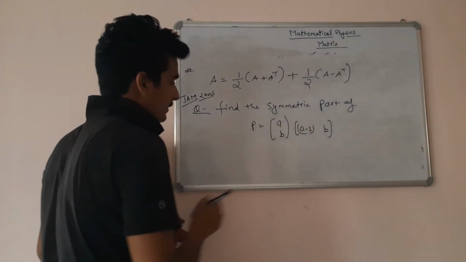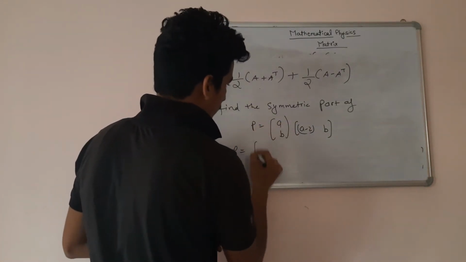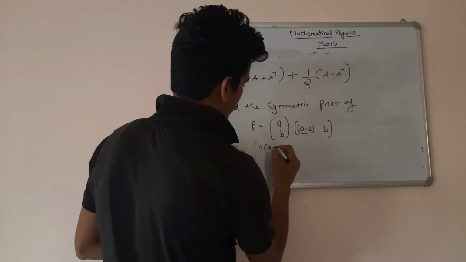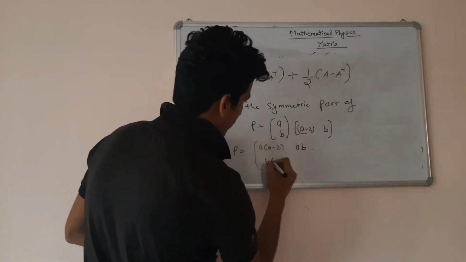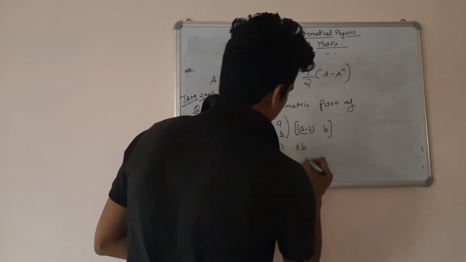First we have to solve this matrix product. So P equals A minus 2, AB, B, A minus 2 and B square.